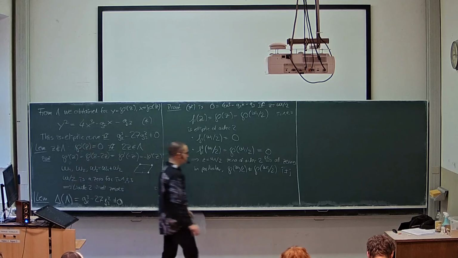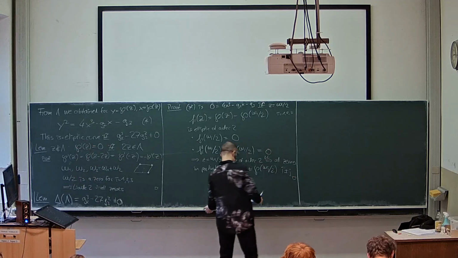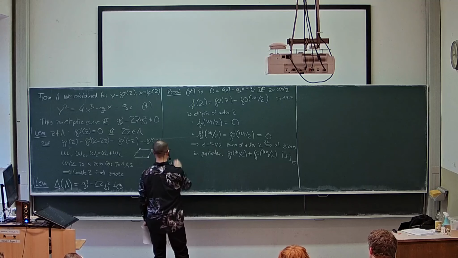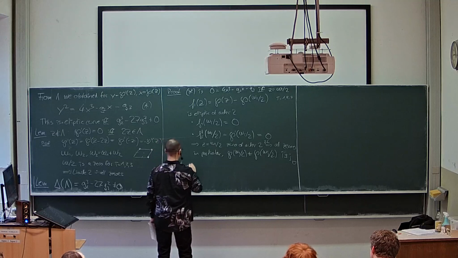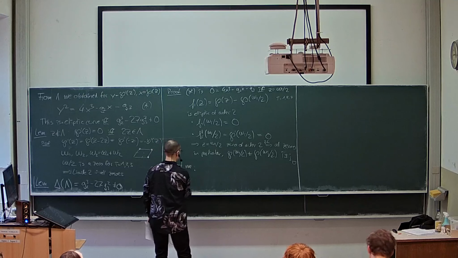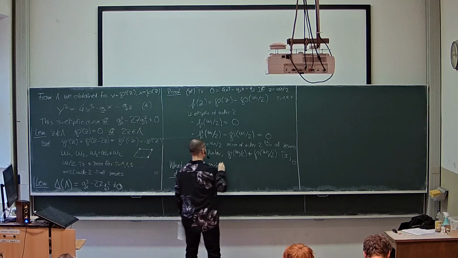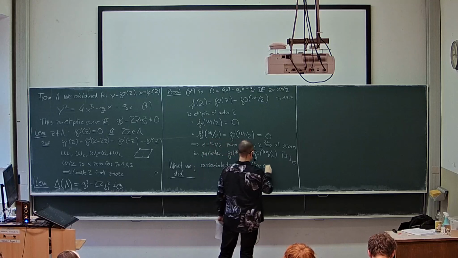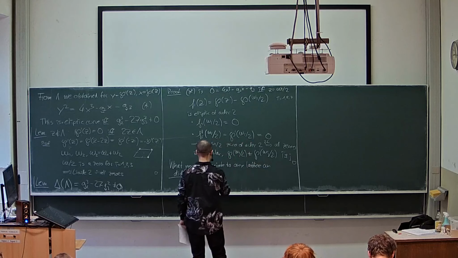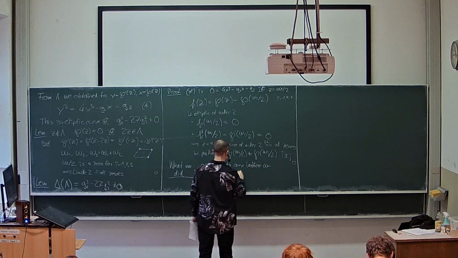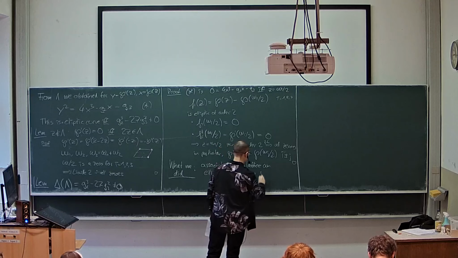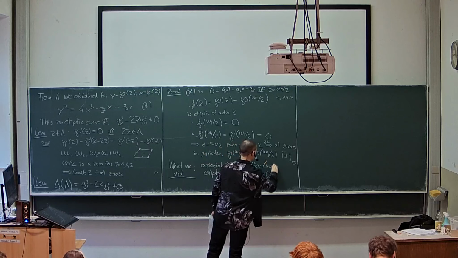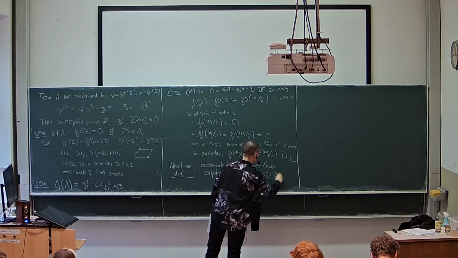Okay, so to maybe briefly close this chapter, what we did so far: we associated to any lattice an elliptic curve using the Weierstrass-P function of this lattice.